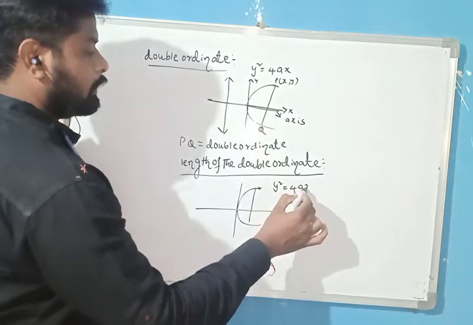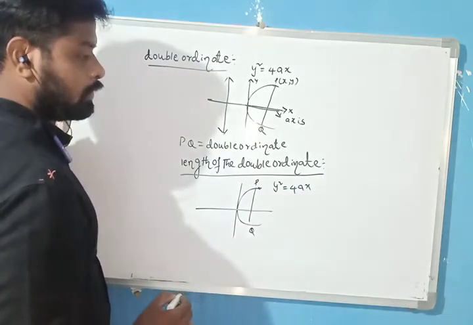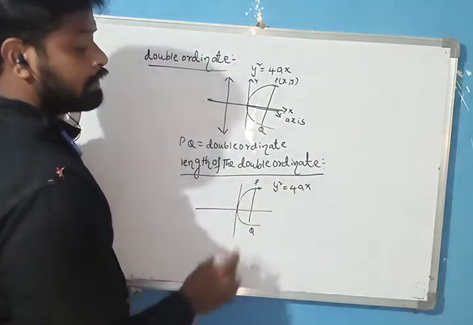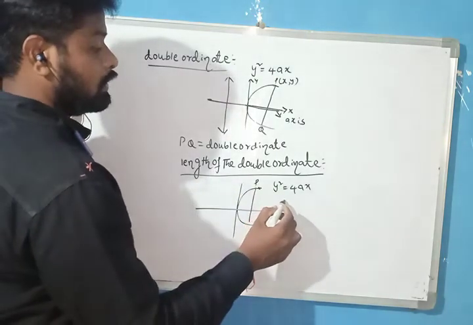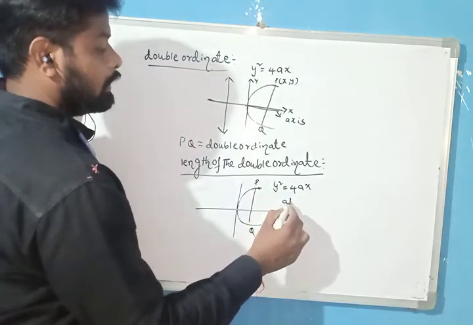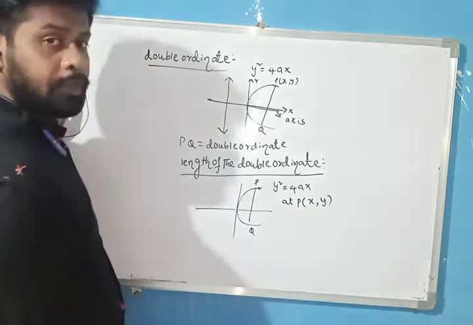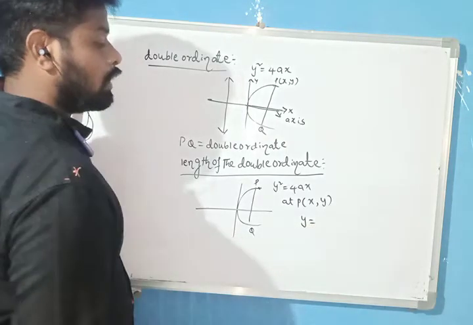I am taking points P and Q. What are the coordinates of P and Q? At P(x, y), y is equal to how much?